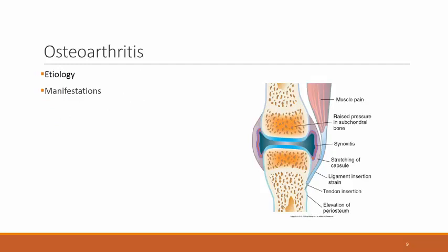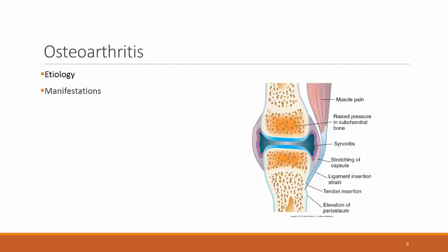With osteoarthritis, local areas of damage will occur, and loss of cartilage will happen. New bone will start forming at the joint margin. Subchondral bone changes will happen, and the patient will start developing mild synovitis and thickening of the joint capsule.